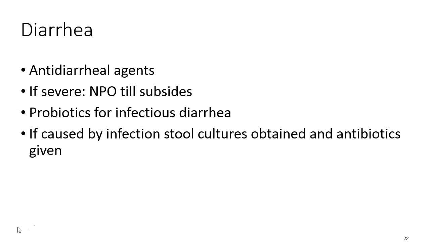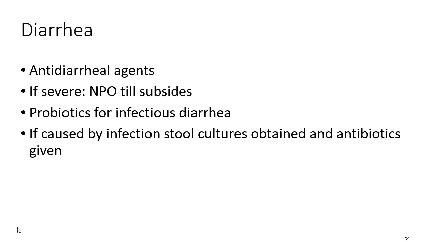If the patient has diarrhea, we can get an order for anti-diarrheal agents such as Lomotil. If the diarrhea is severe, the patient may be put on NPO status till it subsides, and then if they show signs of dehydration, we might need to start fluids intravenously.